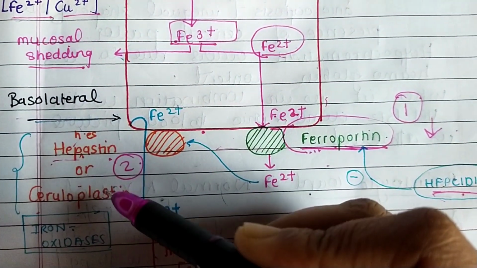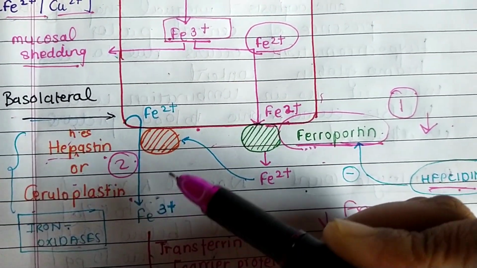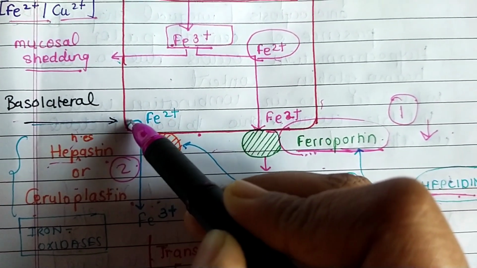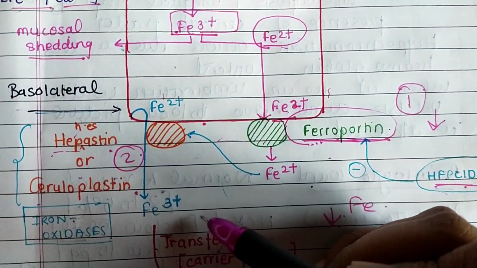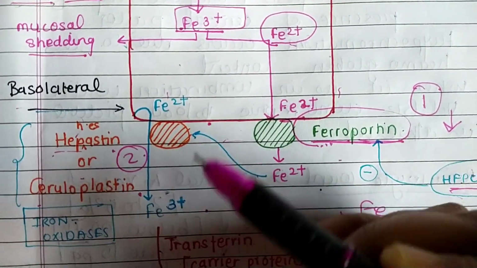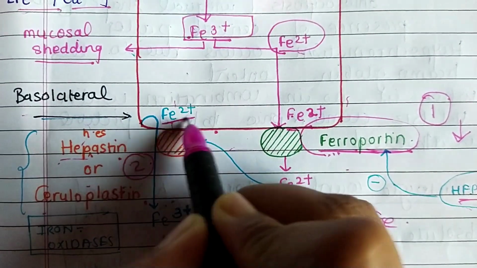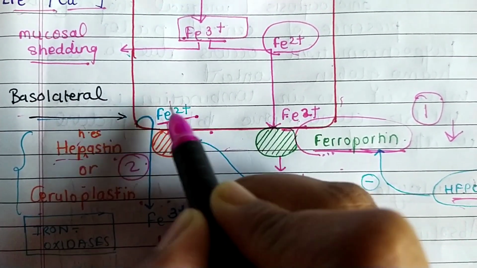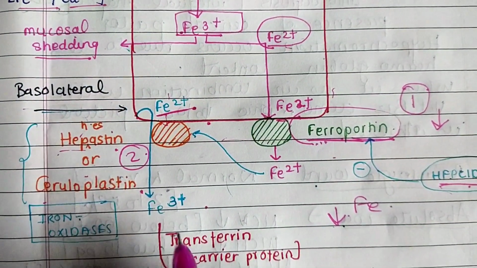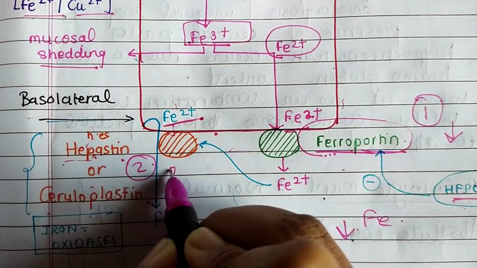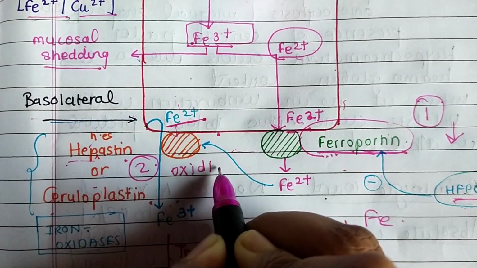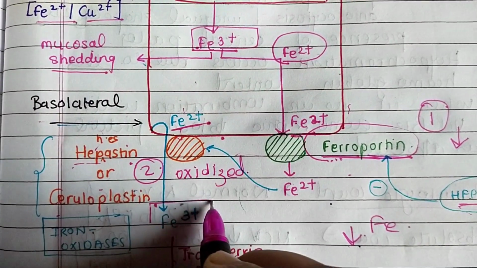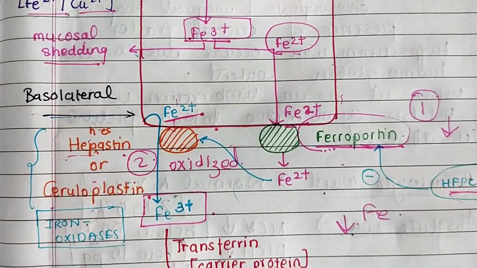Now what does this hepcidin or ceruloplasmin do? It oxidizes the ferrous iron into its ferric state. So again here, the ferrous iron which was on the basolateral part of the duodenal epithelium gets oxidized into its ferric state.